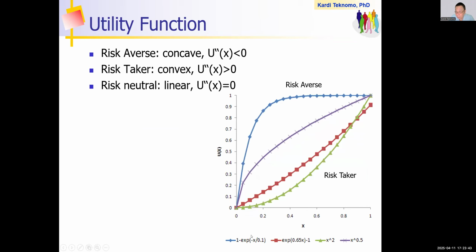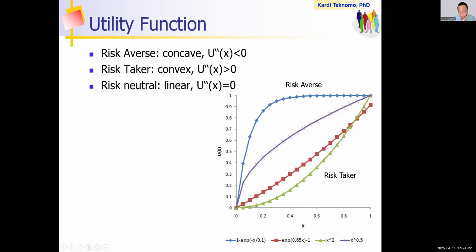Here I compare the exponential function and the polynomial function. The green is polynomial, and this one is polynomial also, and then the blue and the red are exponential functions with different risk parameters. So from here we can start to see that a risk taker is always down here.